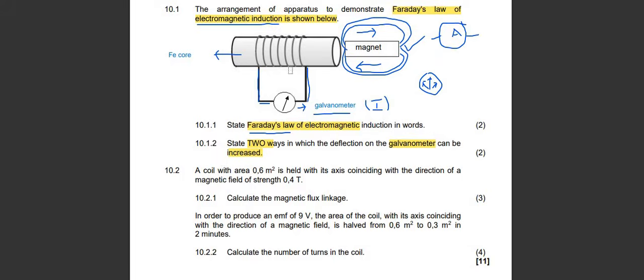And this whole principle is what they use in power stations. This is how a generator essentially works, because you rotate a coil within a magnetic field, and as you're rotating it, the magnetic field is changing, and as a result you have current in that system.